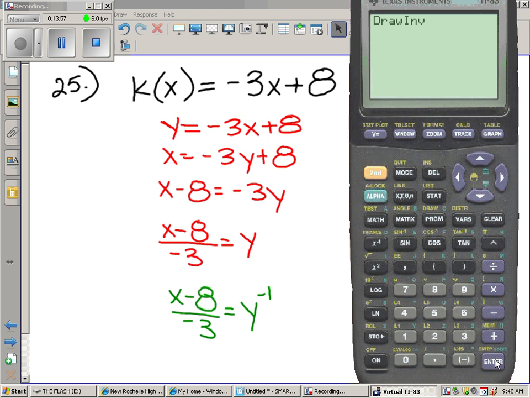So we go to vars, Y vars. Vars stands for variables. Function, y1. Then if you hit enter, it'll draw the inverse for you. So you could literally check your answers like that. If you took the original and wanted to see if your answer was correct, and it drew the inverse directly over your answer, you'd be totally right.